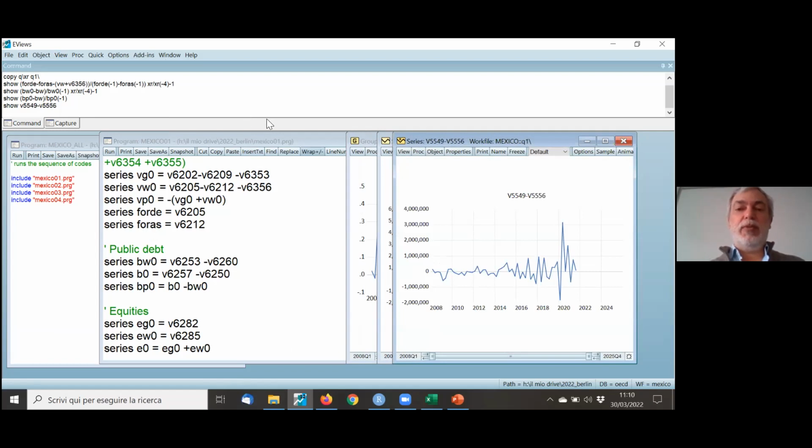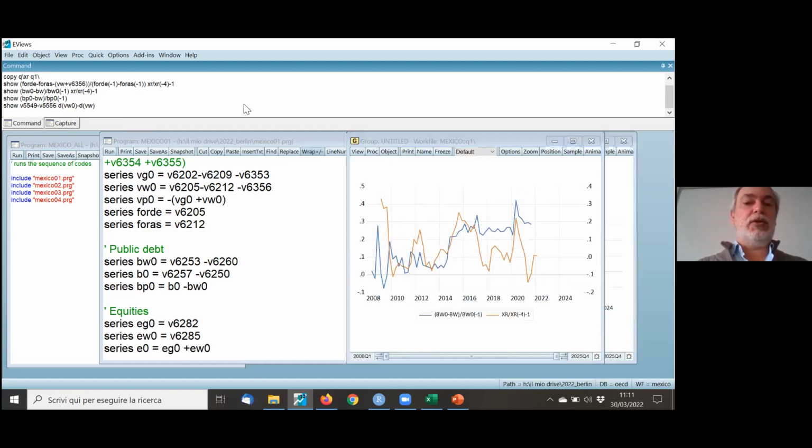So this is what they report as the net capital gains on foreign wealth, and this is what we have as the difference, which should be the difference between the change in the stock at current prices less the change in the stock at constant prices.